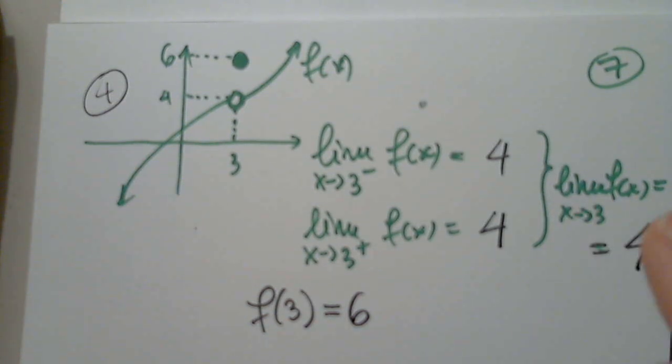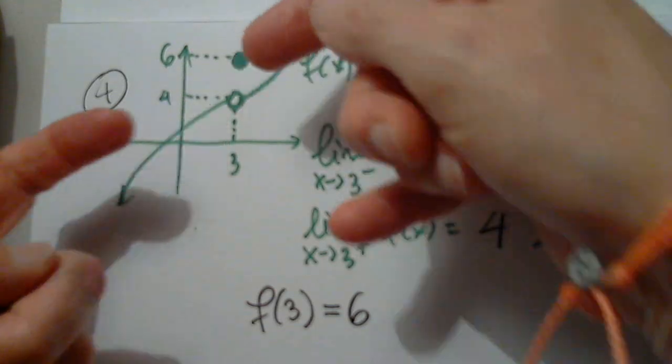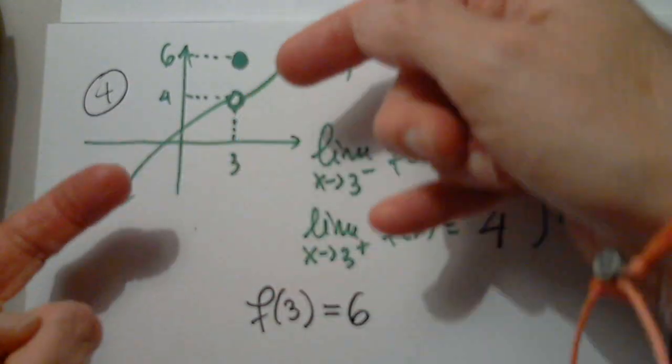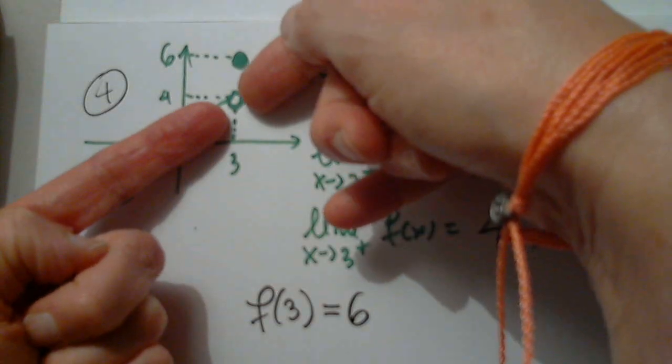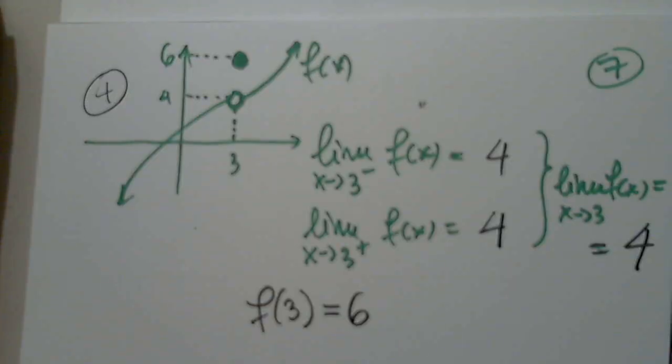This one says find the tendency, not the function value, which may or may not be there. Find the tendency. Here is the tendency. As x approaches 3 from either side, this is the tendency, which happens to be totally different than the function value at that point.